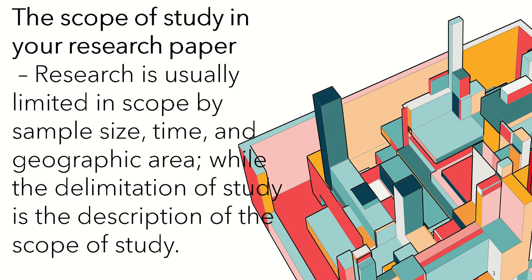Also, the scope of study is usually limited by only mentioning the sample size, the time, and the geographic area or location of your study, while the limitation of the study is the description of the scope of the study.